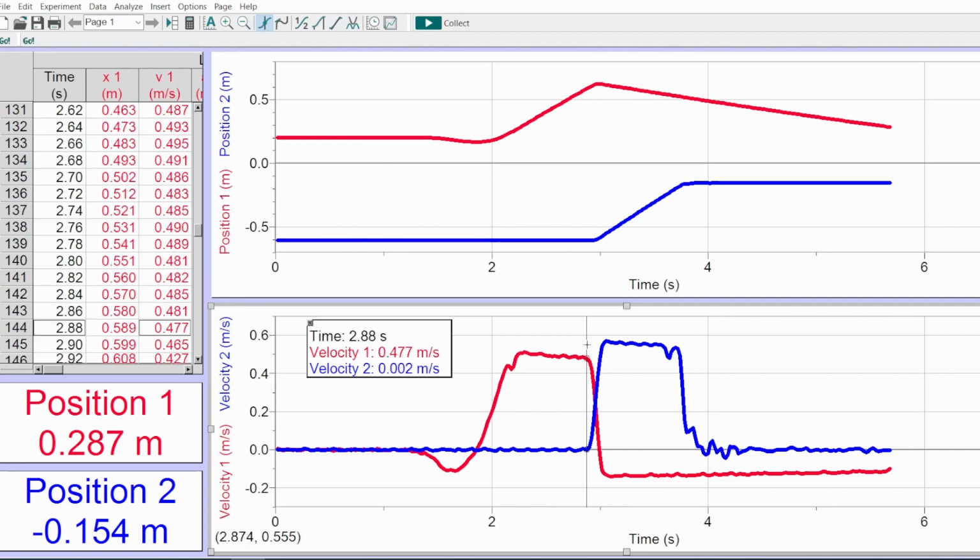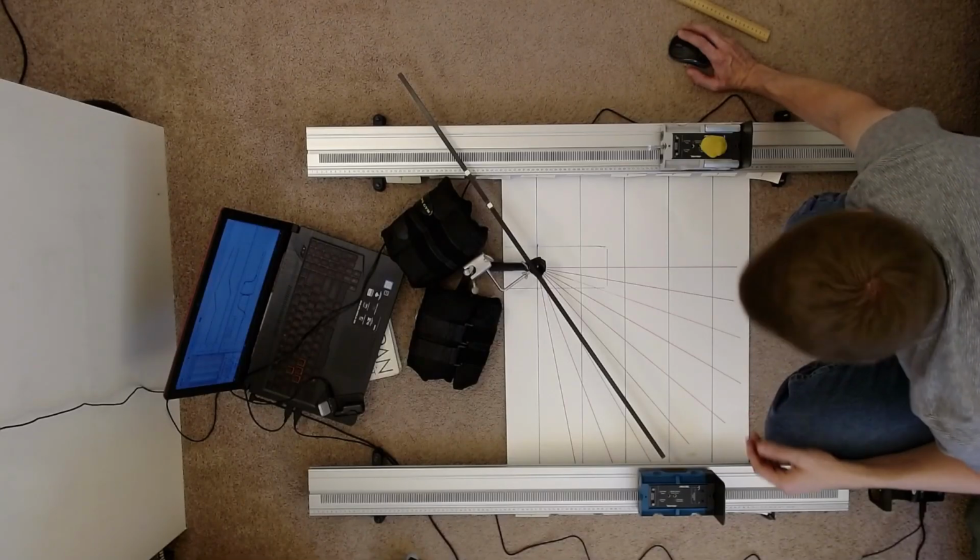Just before the collision, velocity 1 is 0.477 meters per second. Velocity 2 is essentially 0. After the collision, cart 1 rebounds back with a velocity of negative 0.131 meters per second. Velocity 2 is 0.571 meters per second. Okay, so that was trial 2 of the elastic case.